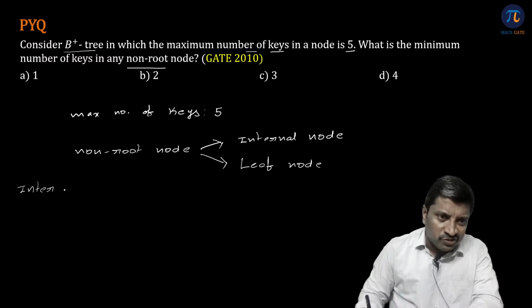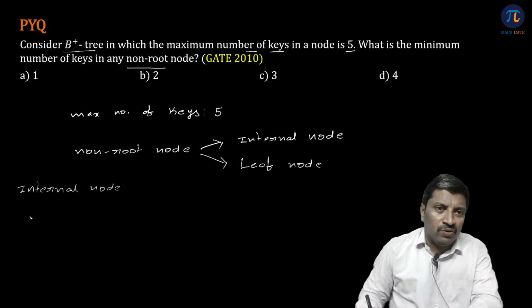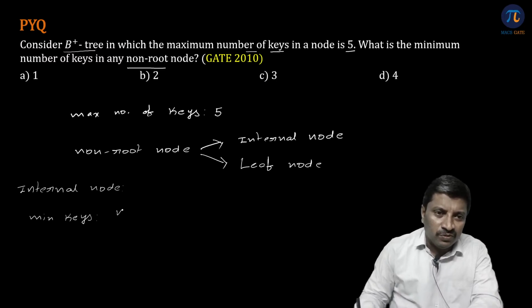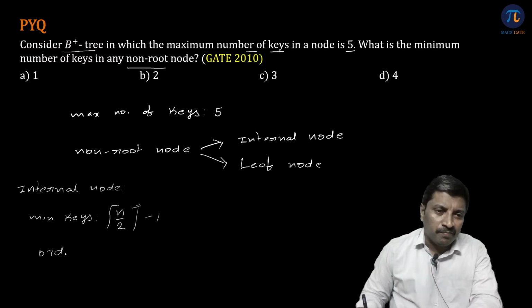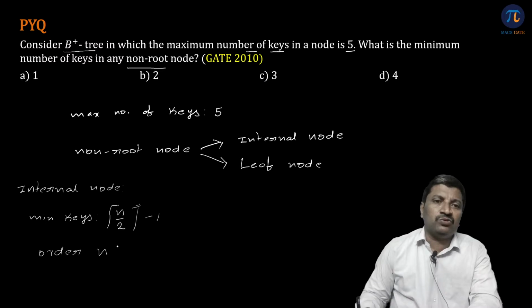Let us assume the first one, it is internal node. Whenever internal node, what is the minimum keys? The formula for minimum keys is n by 2 ceil value minus 1. Now the question is, what is order n? They not given any order n. Then how to find it?